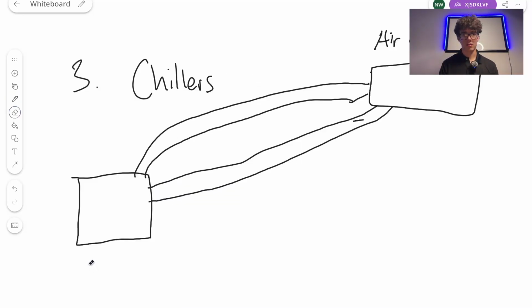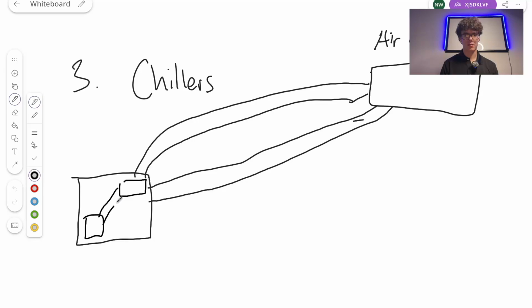Next, we have chillers. So chillers are kind of like a mix of geothermal and your normal split system. So within the chilling plant, you would have basically what we just talked about, where you have refrigerant lines going back and forth between the two.